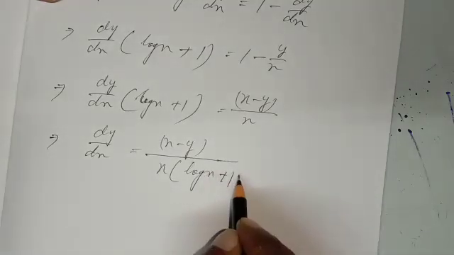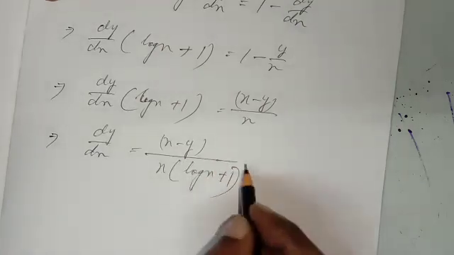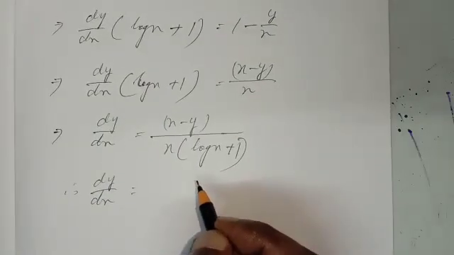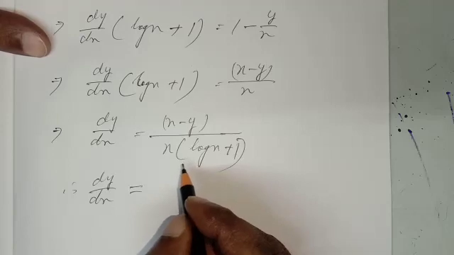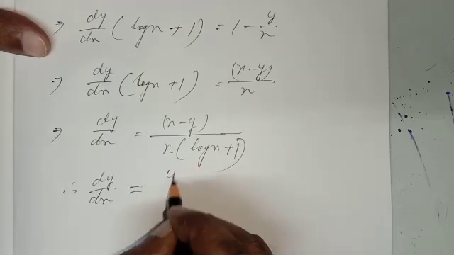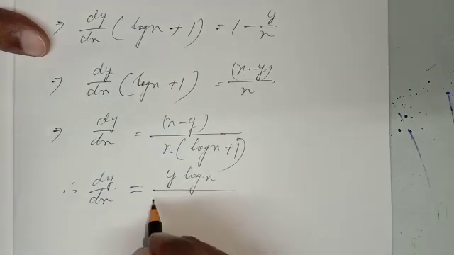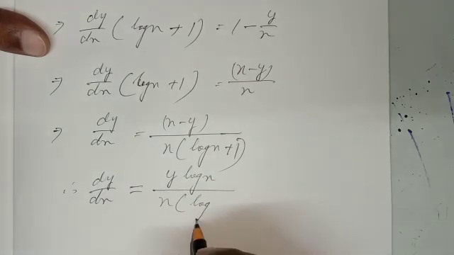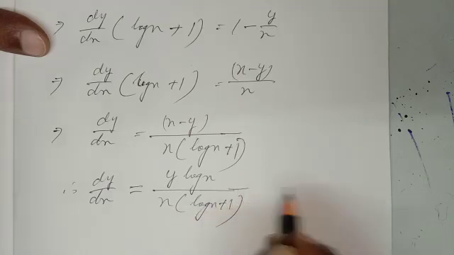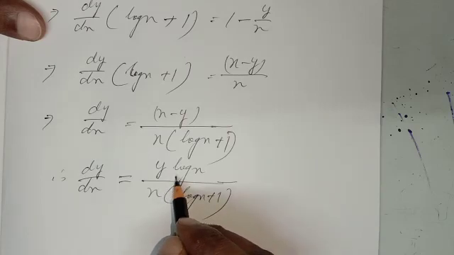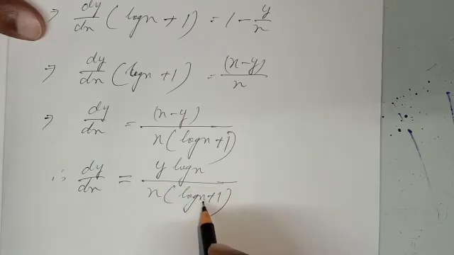And this is 1 plus log x. So what is the value of x minus y? I have to write here dy by dx is equal to y log x by x into (log x plus 1). After that, what is the value of y?